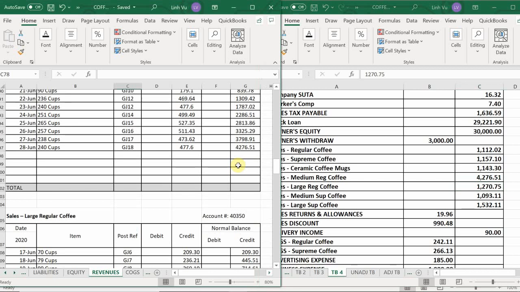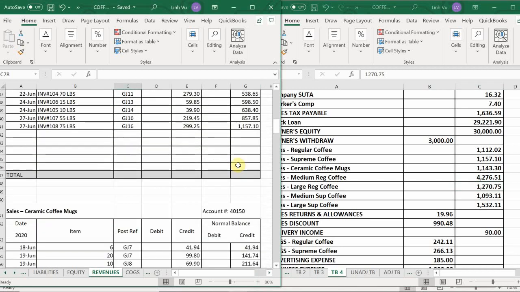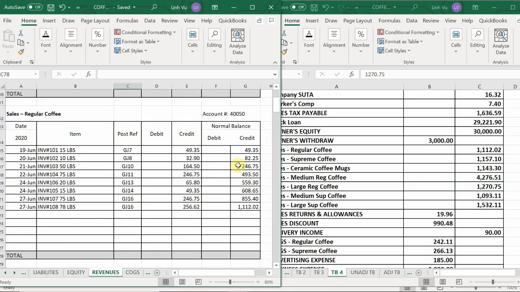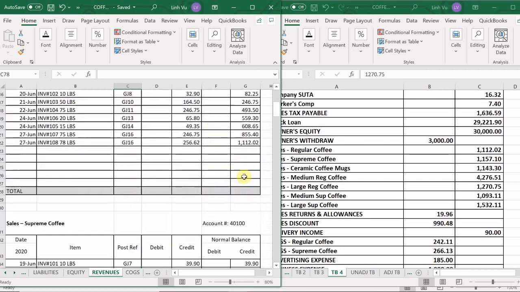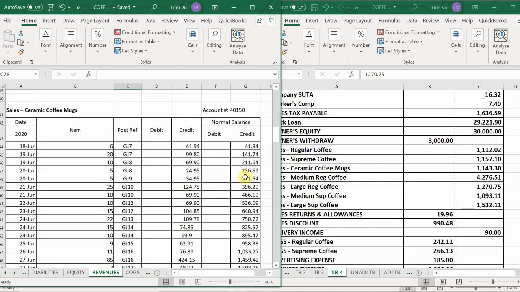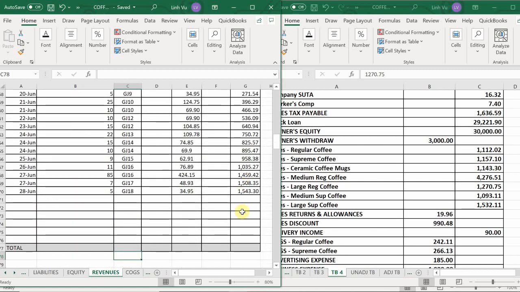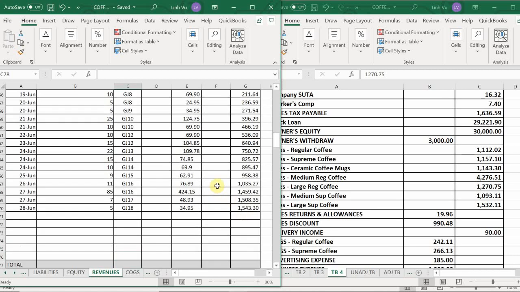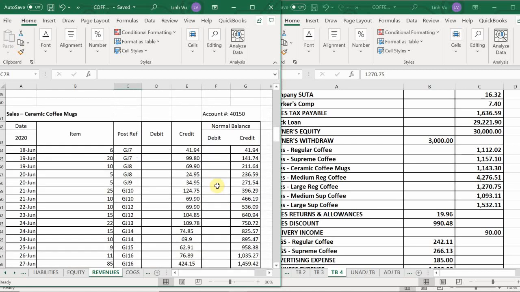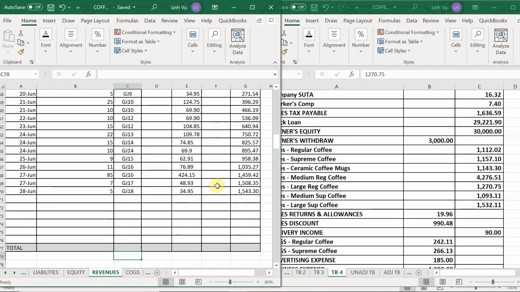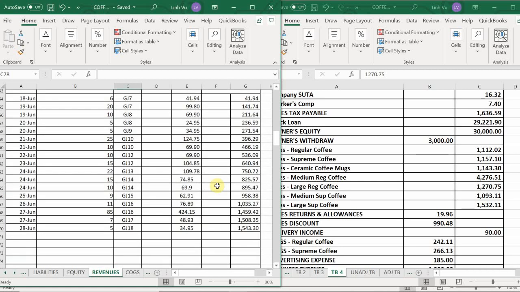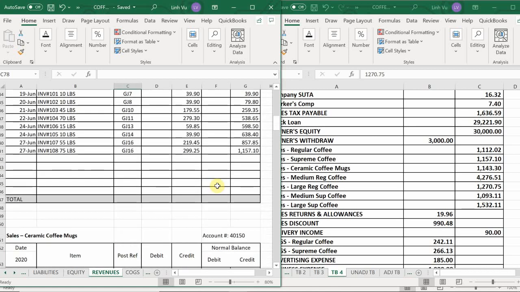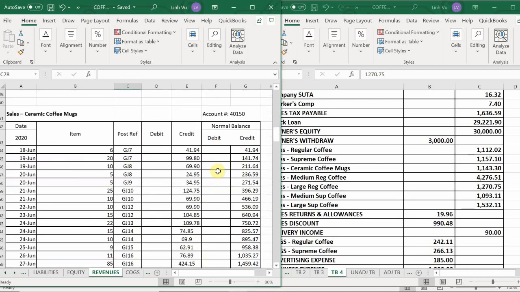Can you go back to the regular? No. What was 1143.30? Was the coffee mugs. Can you go back to the coffee mugs, please? Here we are. Oh, wait. We did more than that for the coffee mugs. Hold on.